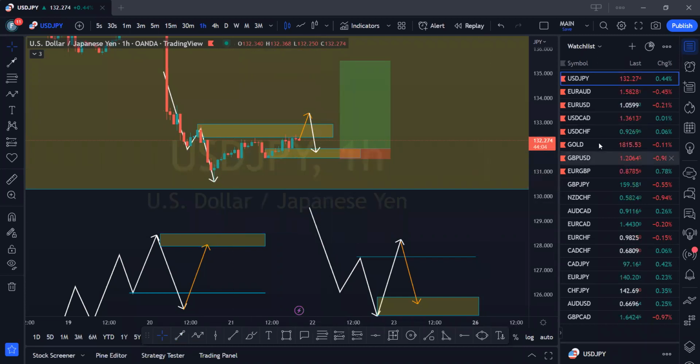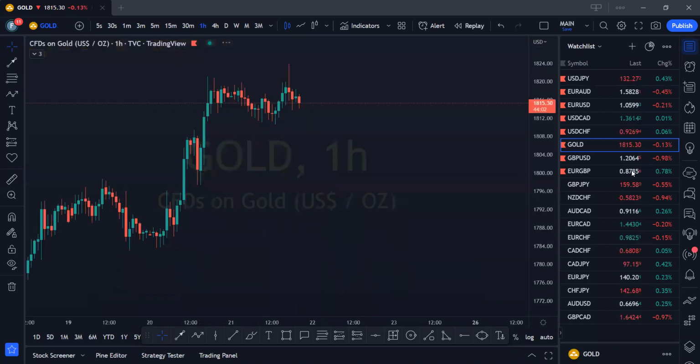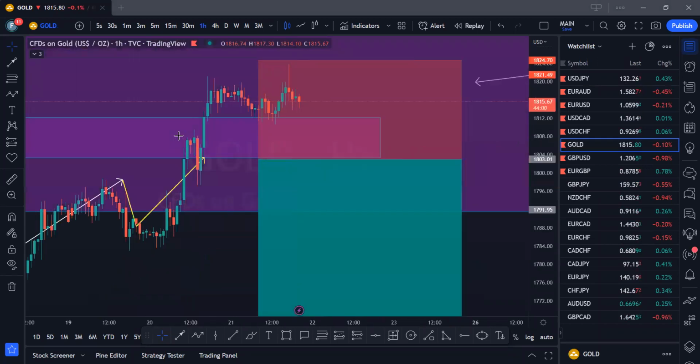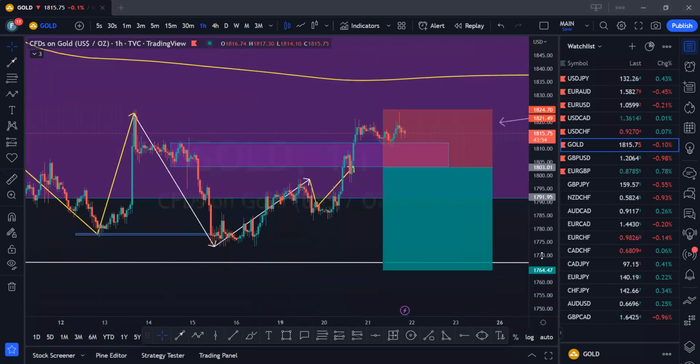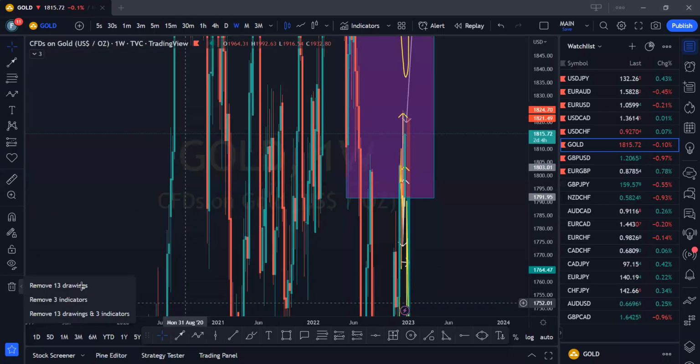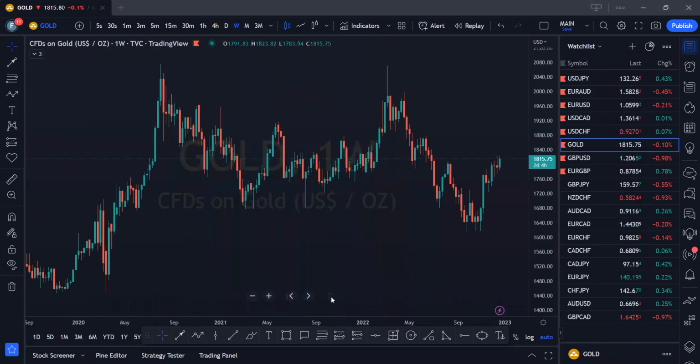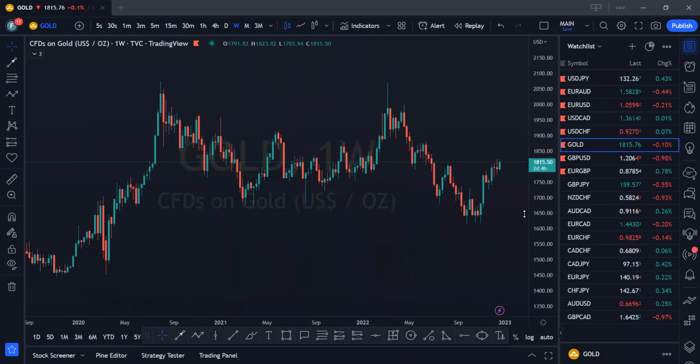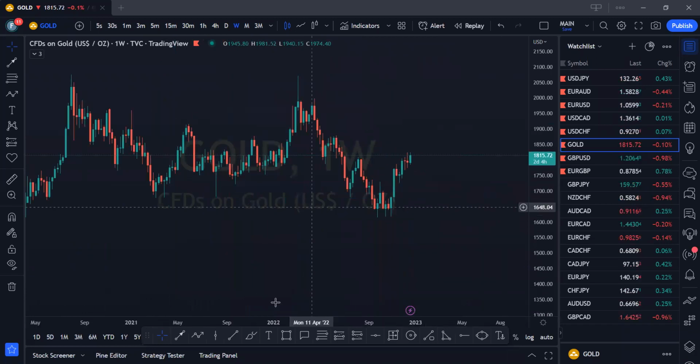So let's check out gold. Let's check out the last pair for tonight, gold, real quick. So let's go to the weekly. We are seeing similar structure on gold and USD.